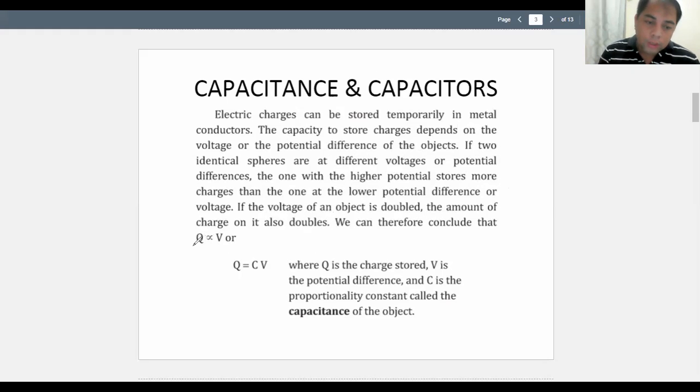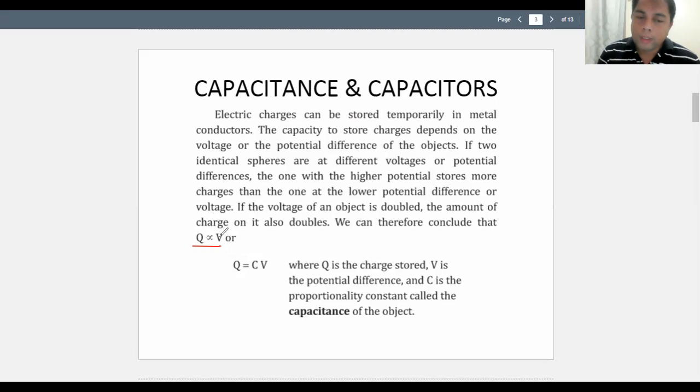So we note that Q, the amount of charge present in your capacitor, is affected by the potential difference V. They are directly proportional, so a higher potential difference means a greater charge. And of course, the charge is in coulomb.